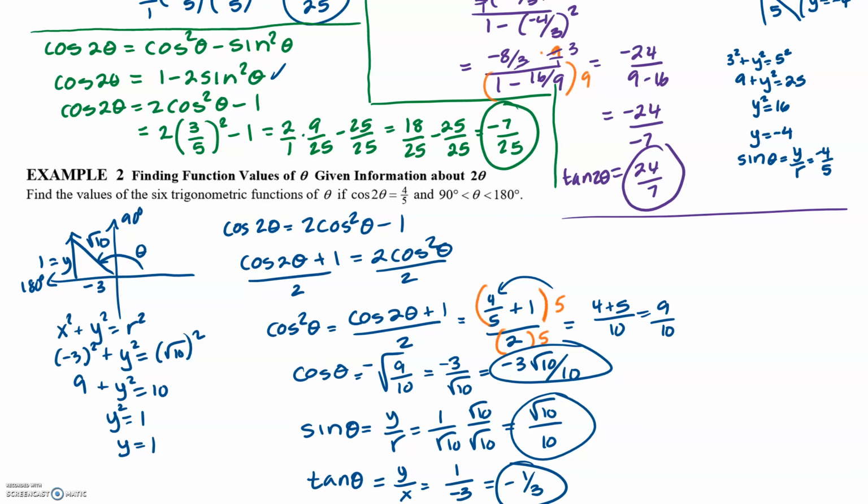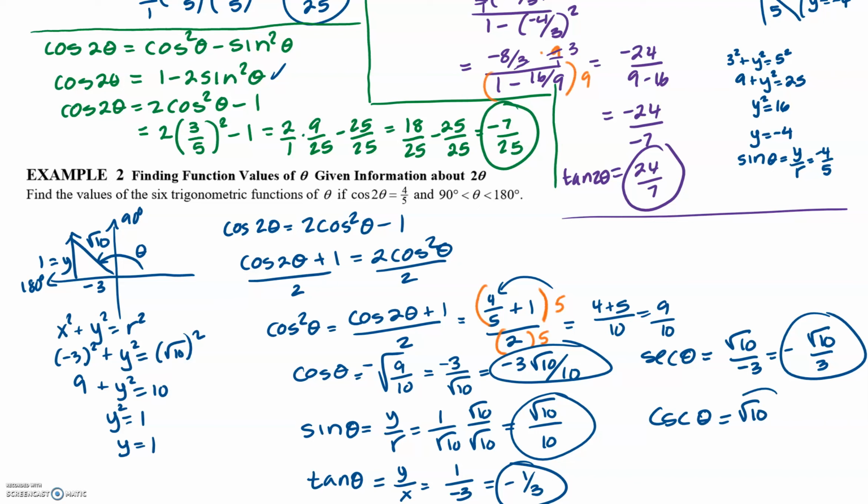And then secant of theta, we know is a flip of cosine, so that's square root of 10 over -3, or negative square root of 10 over 3. Cosecant of theta is the opposite, 1 over sine, and so that would just be square root of 10 over 1.